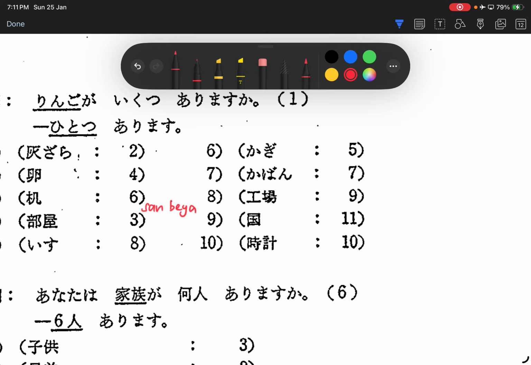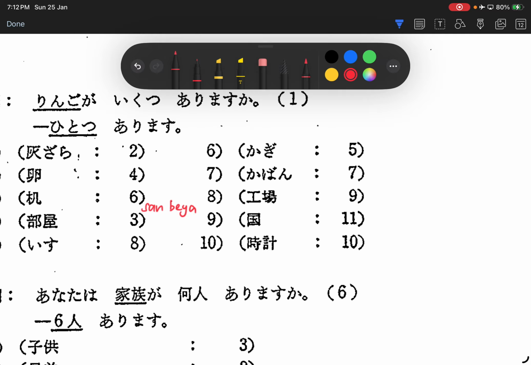Okay. Next, we have 国. This is a bit special. Yes, Rachel? You want a hint? Think about month. How to count month? How to count 11 months?